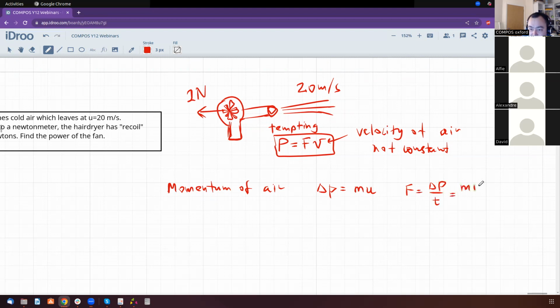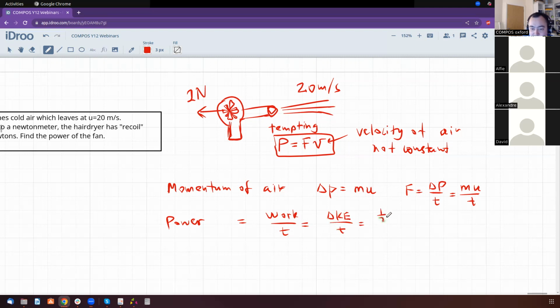So F is mu divided by t. And the power is equal to the work divided by time, so it's the change in kinetic energy divided by time.